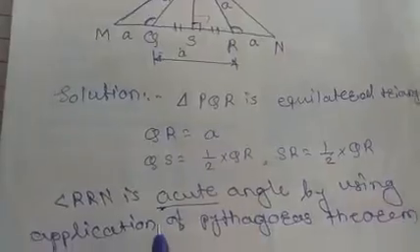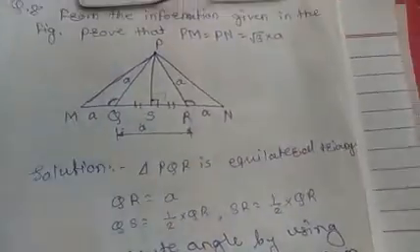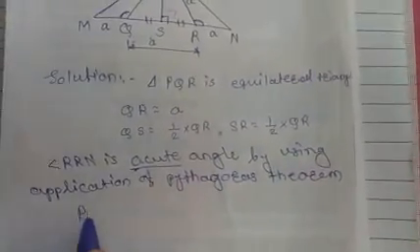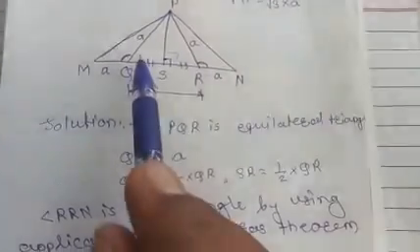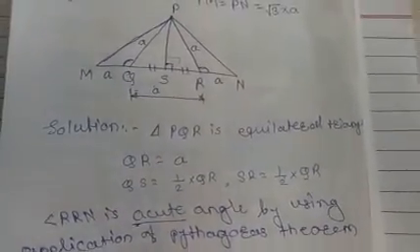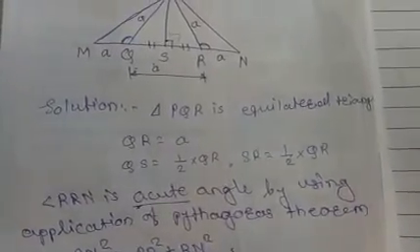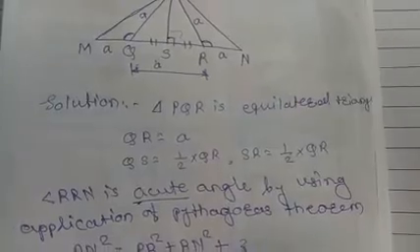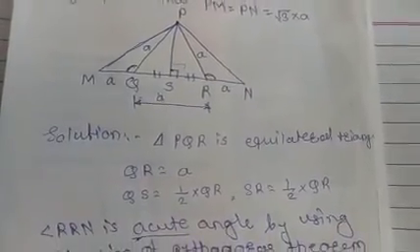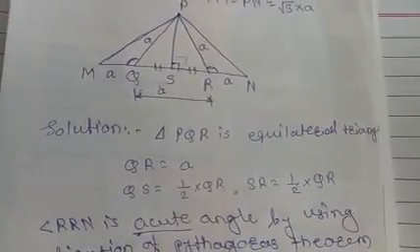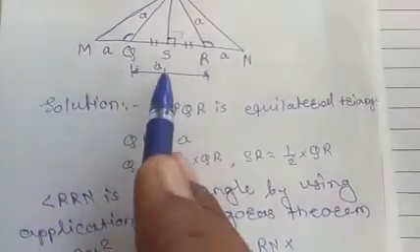The side opposite the acute angle is PN, so we can write PN square is equal to the sum of the squares of the remaining two sides of the triangle, PR square plus RN square, plus 2 times RN into SR.